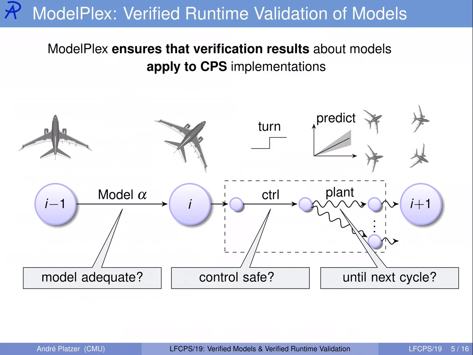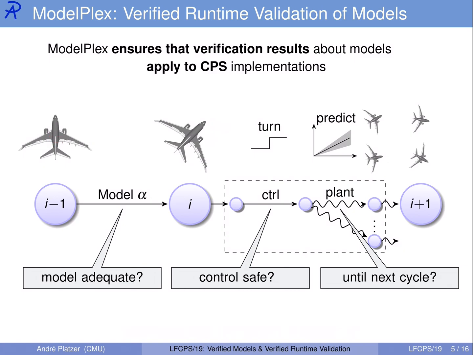It's a technique for verified runtime validation of models by ensuring that the verification results about models actually apply to the CPS implementation. For example, if you have a real system, think of an aircraft, and last time you looked, it was flying north, and the next time you measure, say, it's flying northeast.